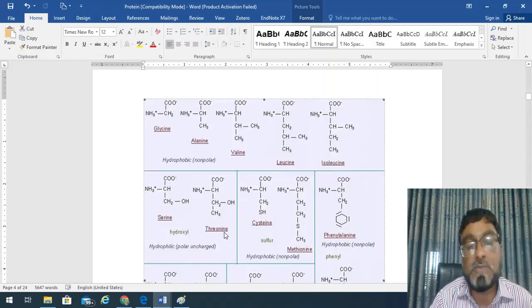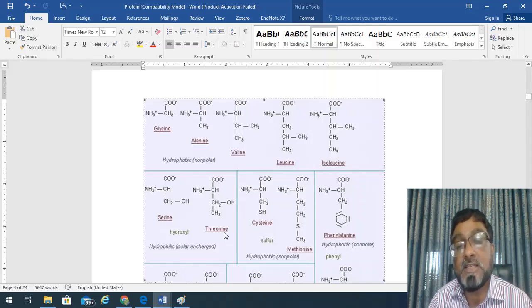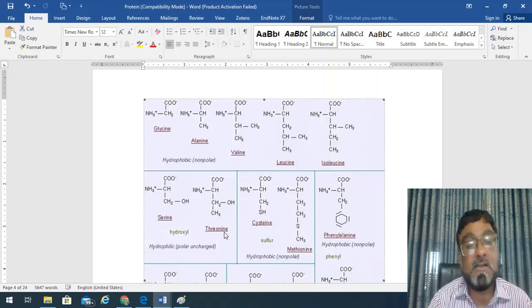Then there are two amino acids in nature that contain sulfur in them. Just as we saw the hydroxyl group with two amino acids, there are two amino acids, cysteine and methionine, that contain the sulfur in it.